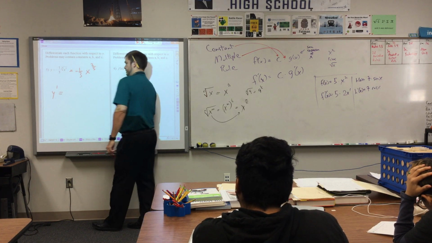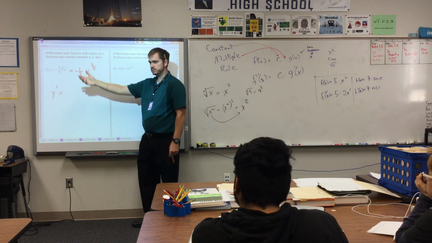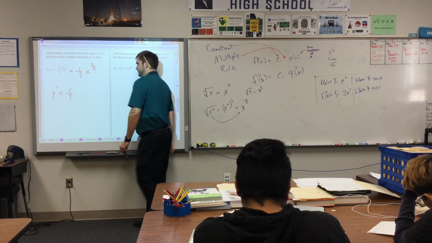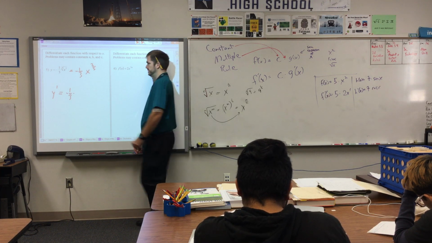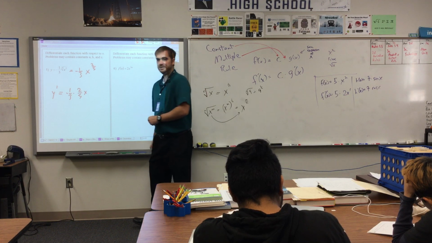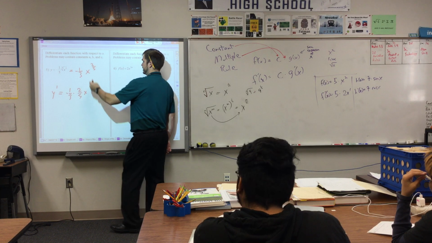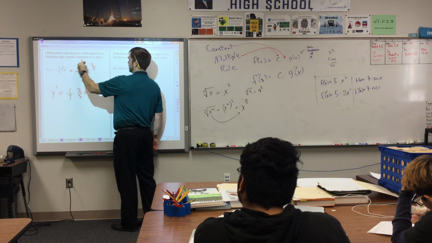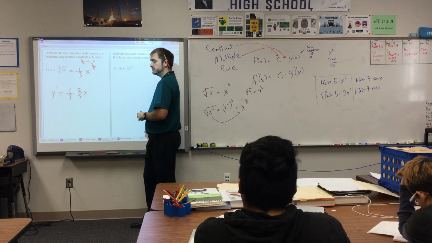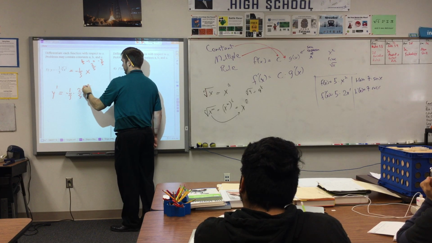So use some different notation here. y prime is equal to, this -1/3 is a constant multiple, so it just stays out front, times, pop down 2/5, x to the 2/5 minus 1, which is negative 3/5.